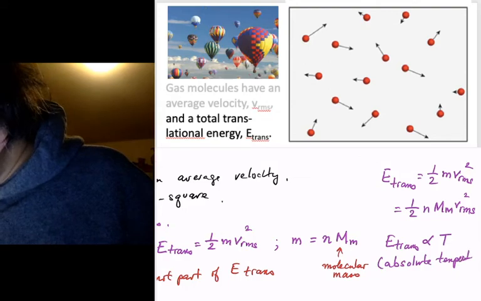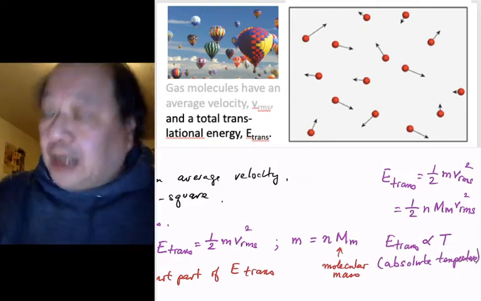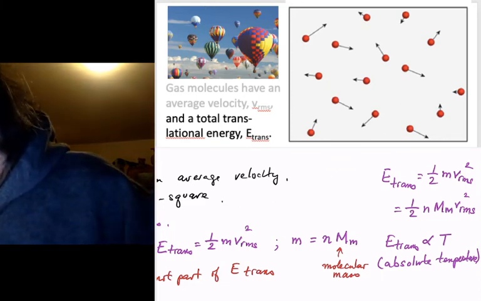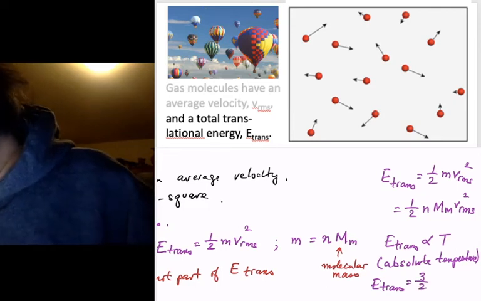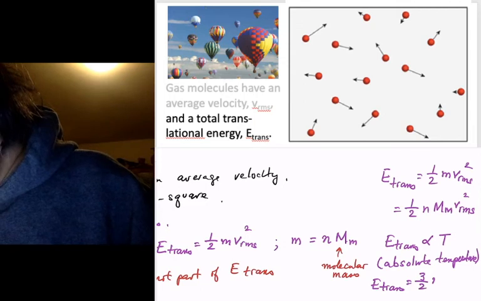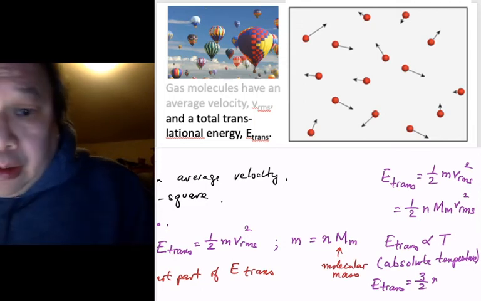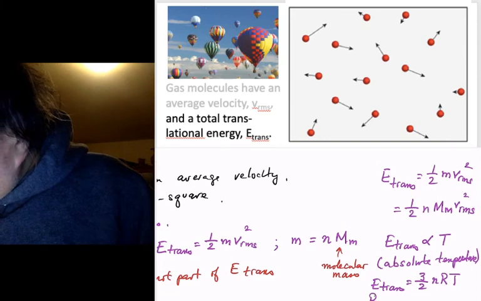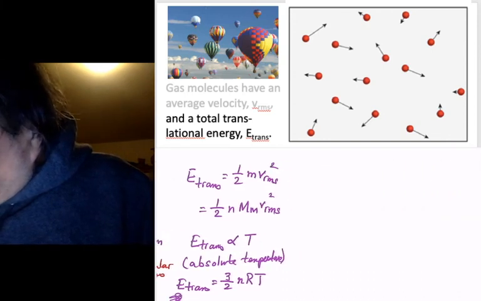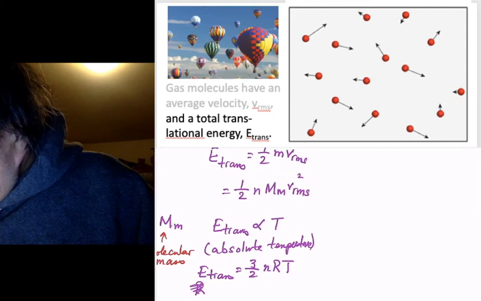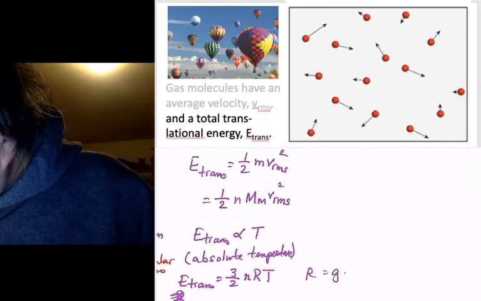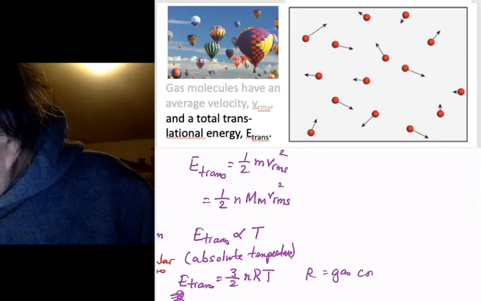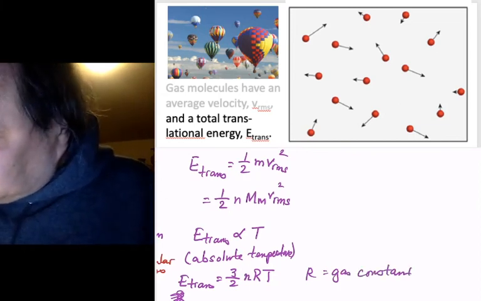The exact relationship between the temperature we feel in our hands and the air is E-trans equals 3/2 nRT, where R equals the gas constant, and T is absolute temperature.